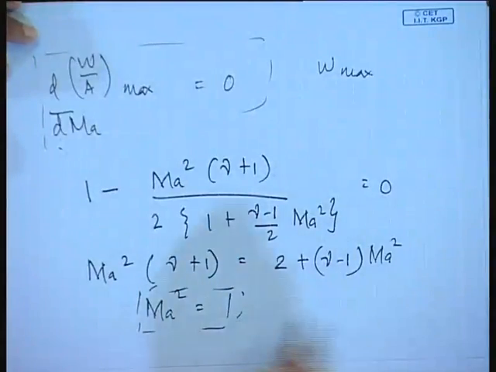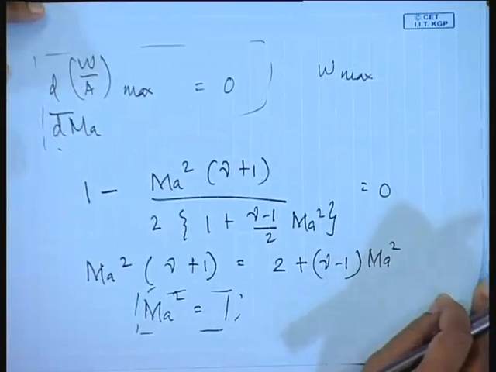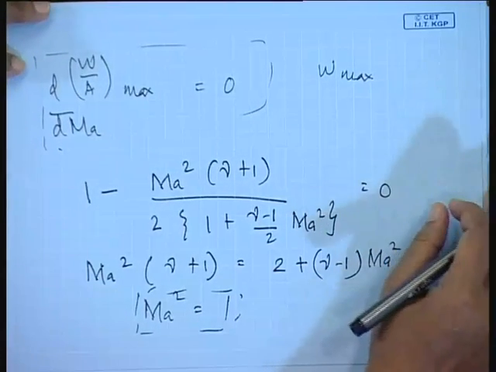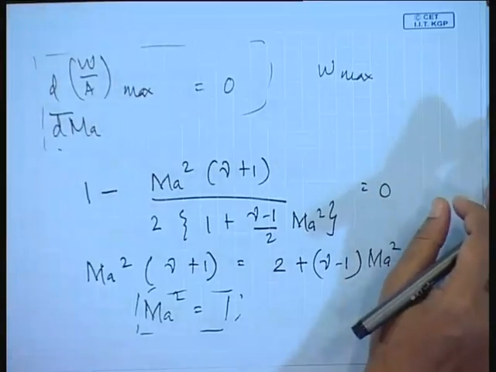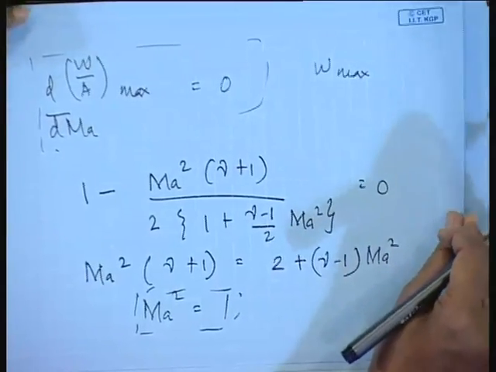So, for Mach number equal to 1 we get the maximum flow rate, the discharge is maximum. Now, let us see where we get Mach number equal to 1; we have already seen that we get Mach number equal to 1 where dA equals to 0.